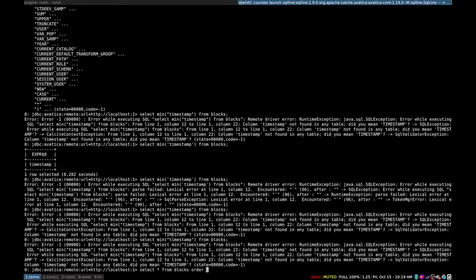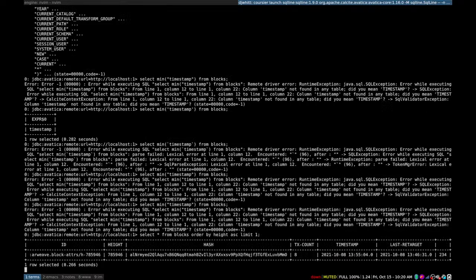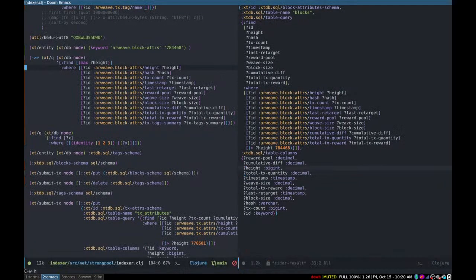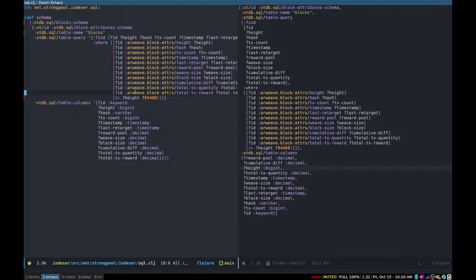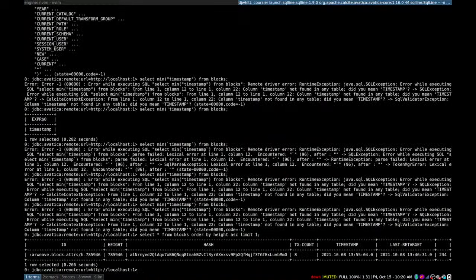Let's do order by height ascending. Limit 1. What's our limit there? 784468.